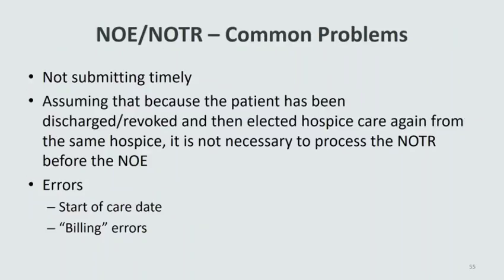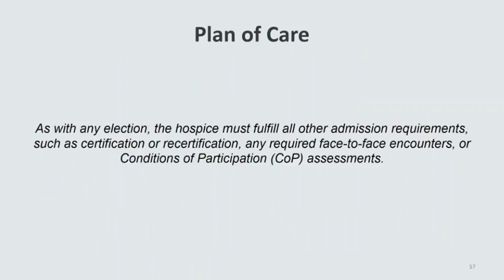Now, some common problems with NOEs and NOTRs are, of course, timely submission, the situation I just talked about, the discharge and revocation, and the start of care date. And the final item that is required for a claim to be paid is the plan of care.